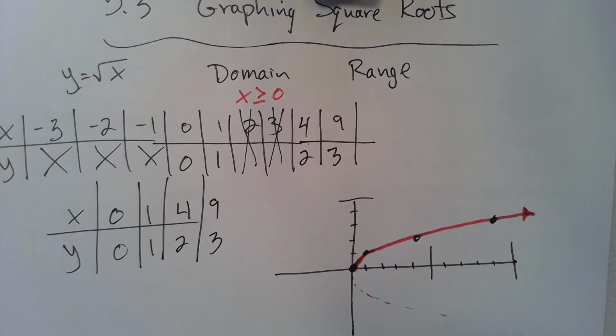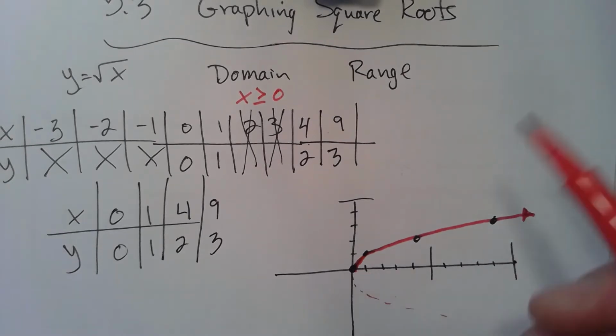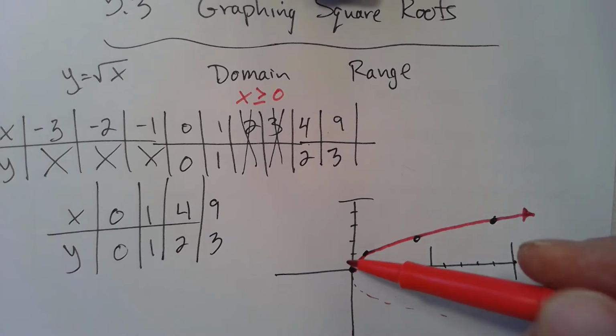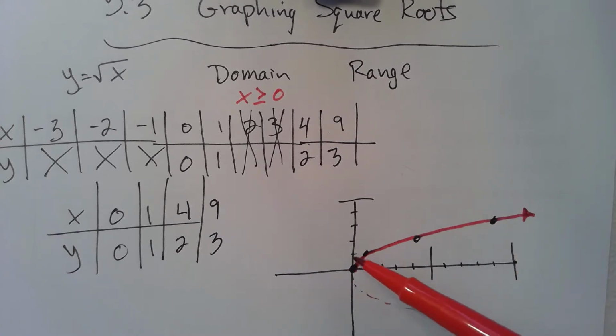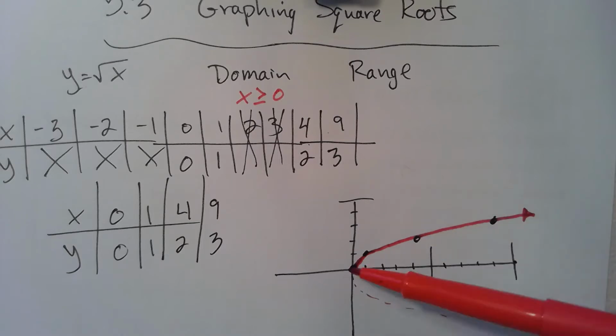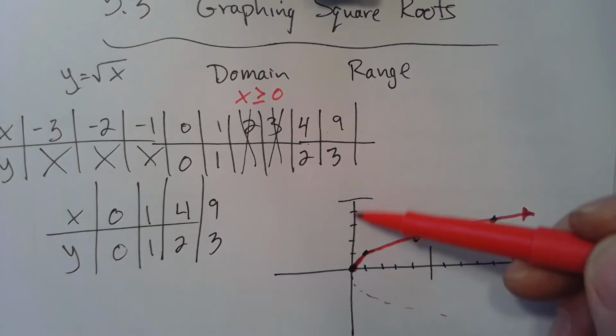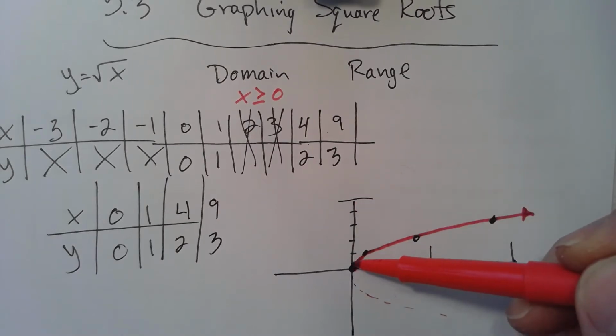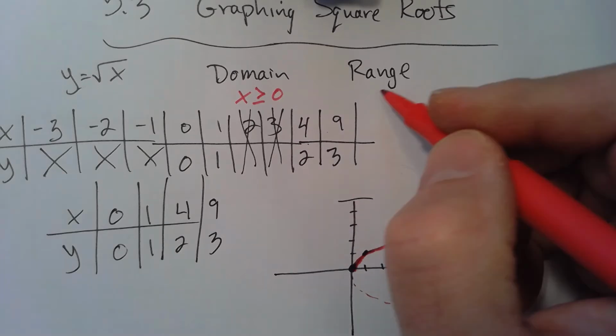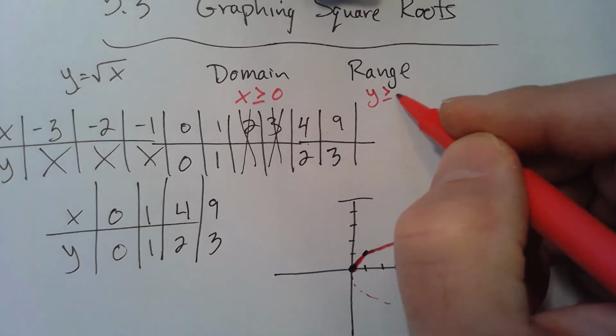And then the range is the possible y values. Well, this will never go down below the x-axis. Okay, so our first possible y value is right here, and then it goes up from there. So like on the y-axis, what are we working with? We're working with this, and then it goes on forever. So the range would be y is greater than or equal to 0.